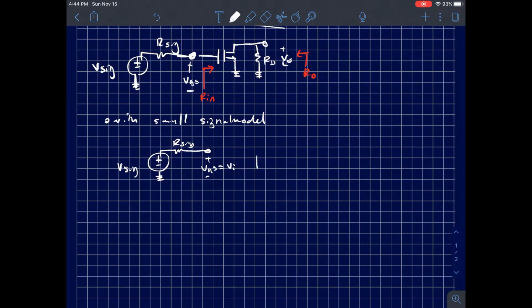And then across the way from it, I have a dependent current source pointing downwards, which has a value gm VGS. That's connected in parallel with RD, my drain resistor.